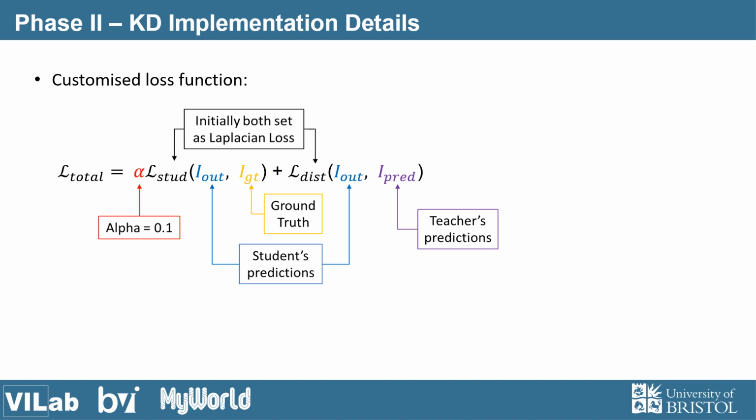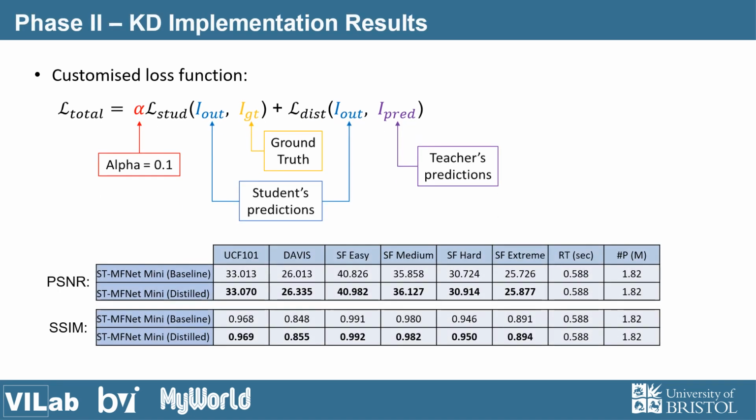Next, we train the student architecture using a distillation loss term, where the output from the teacher is also taken into account. Comparing the distilled model to the baseline, we can see that the distillation loss improves the scores of the model in every test set, showing that the knowledge of the teacher has in fact been received by the student.